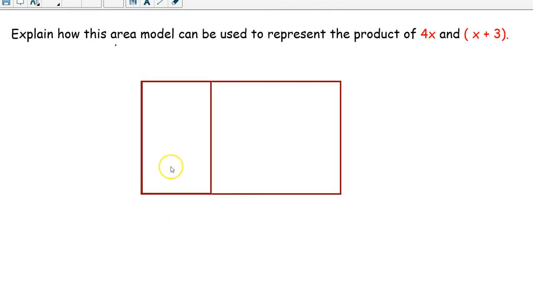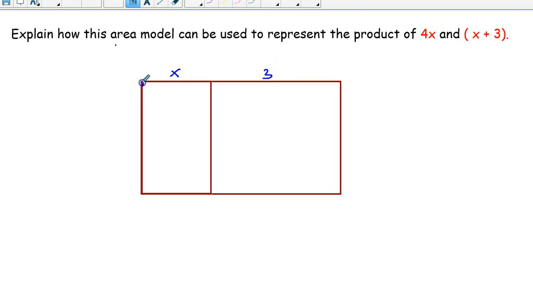Now the same multiplication, we are going to do by making use of an area model, right? In this area model, let us say this is a big rectangle, and I have one separating line also. Let me take this as x, and this is 3.